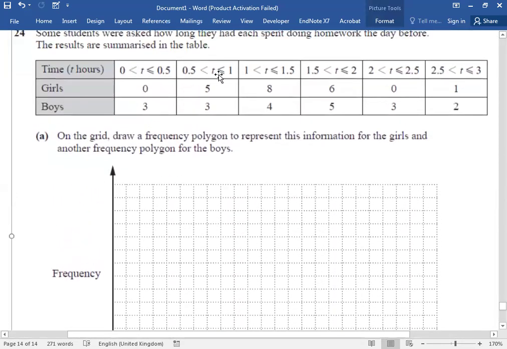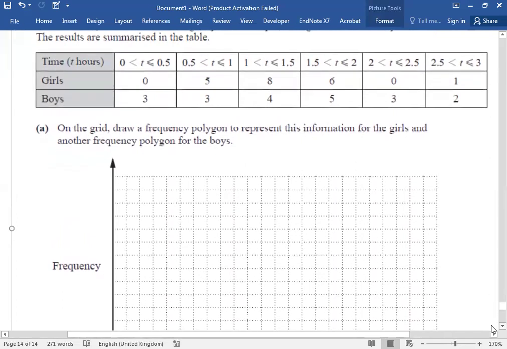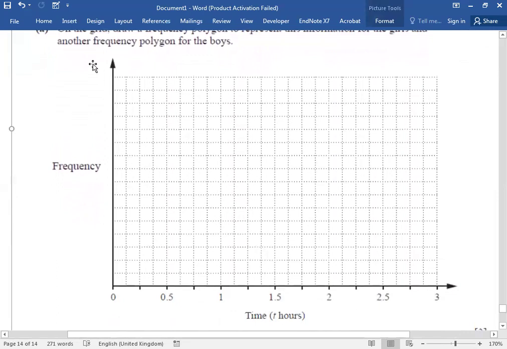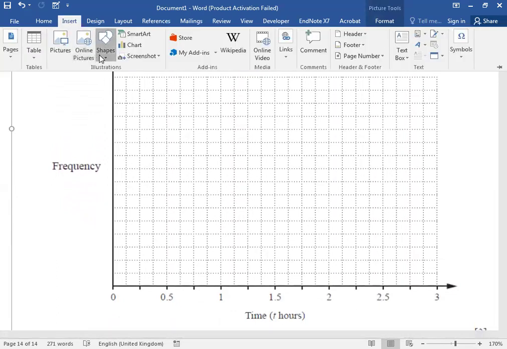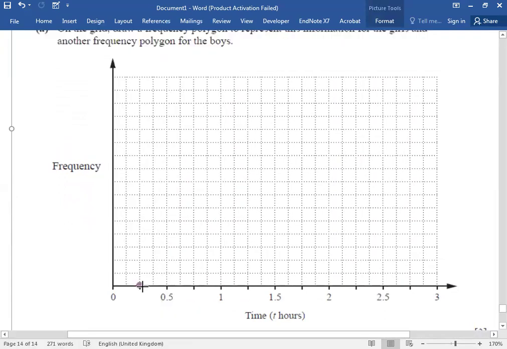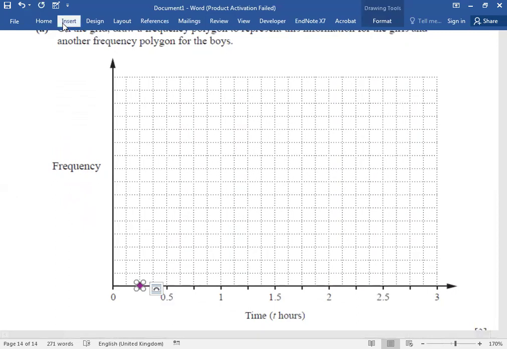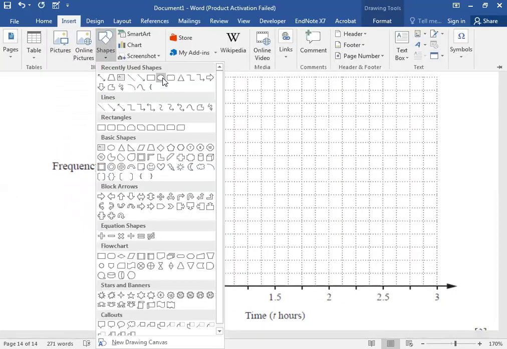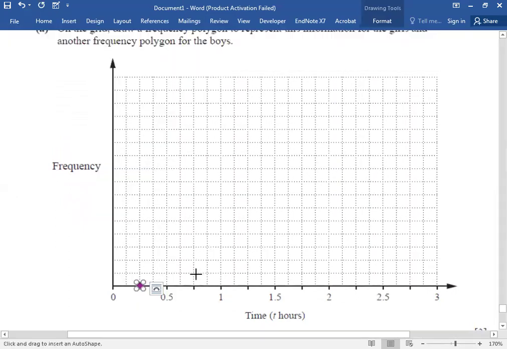Then 0.5 to 1. What is the frequency for girls? 5. So let me just plot these points first. Then we will make the frequency polygon. So at 0.25 there is no frequency for girls. And then here the frequency is 5: 1, 2, 3, 4 and 5.